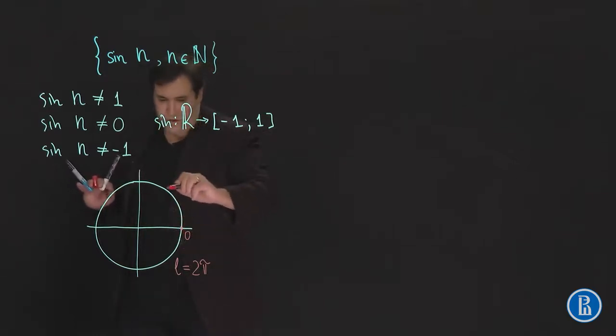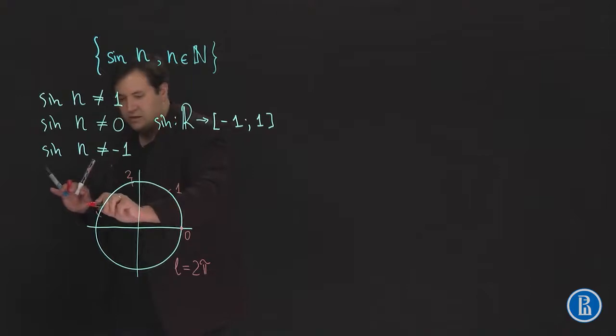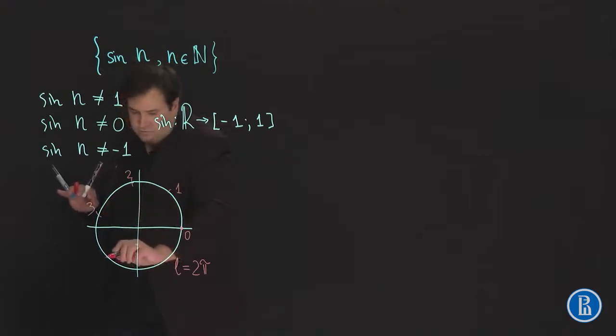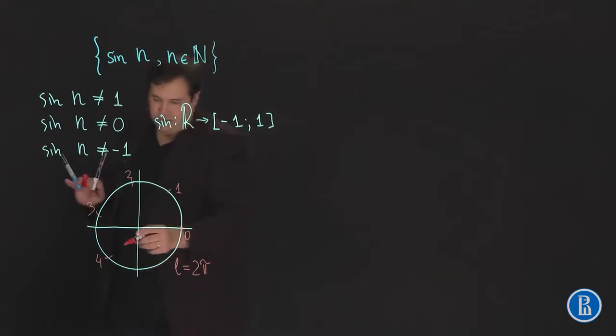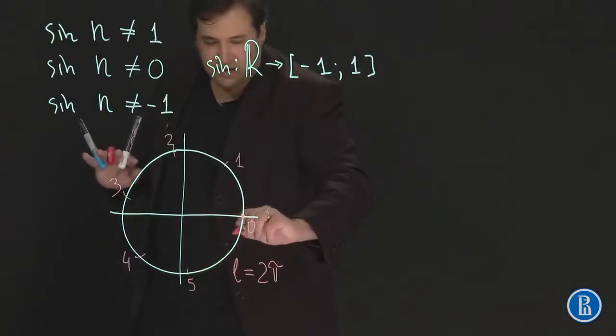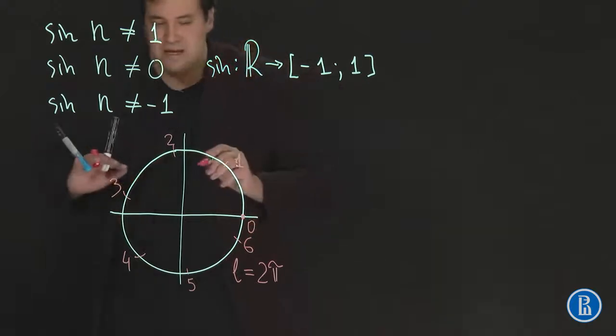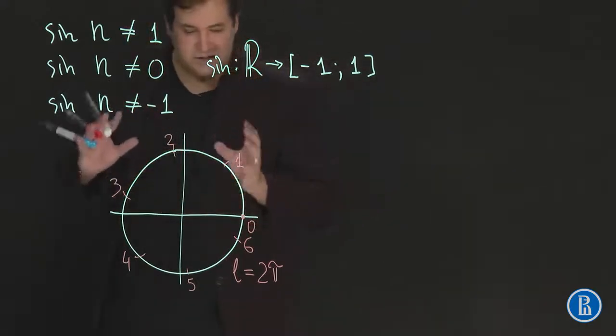And somewhere over here we have point 1 on the circle. And here we have point 2 on the circle, and 3, and 4, and 5. Well, I am actually not sure whether it's over here or over here. Let's write it, I suppose here. 5 on the circle, and 6, and so on. And these are positive integers on the trigonometric circle.